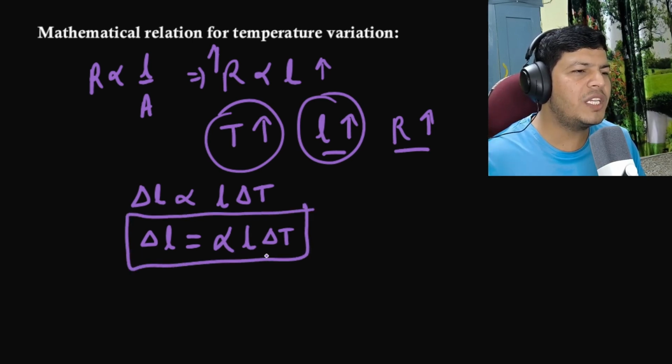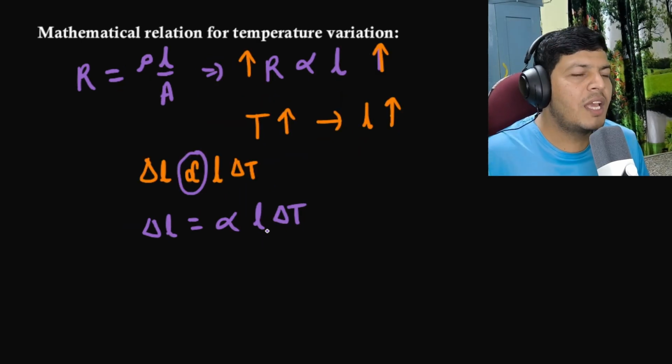A change in temperature can create a change in length, and because of this change, the resistance will change. If you increase the temperature for metals and alloys, definitely their length will increase, and because of that, resistance will increase. The name of the alpha is temperature coefficient of linear expansion.